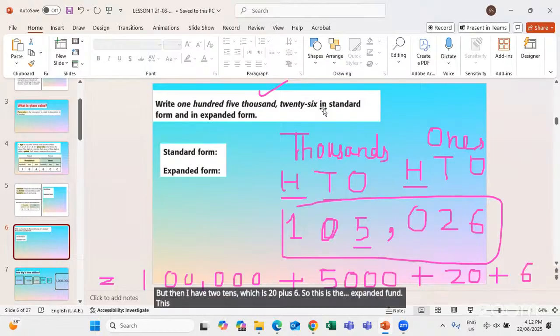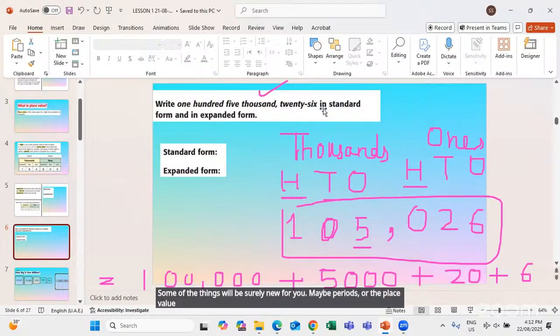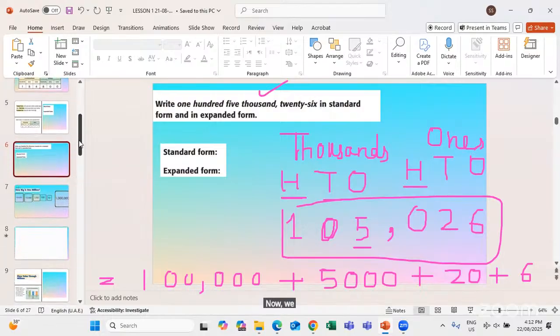This was all a recap of whatever we have done so far, but I guess some of the things will be surely new for you, maybe periods or the place value chart, where the comma is required. Now, we all know up to thousands how to read and write the numbers. We also know standard form, expanded form, periods, everything.